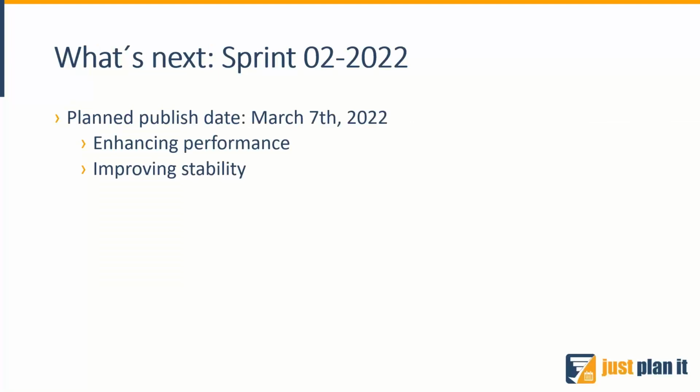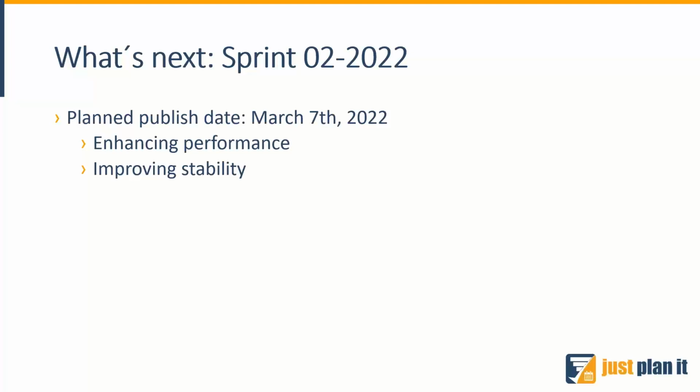Let's look into the future. So what's next? We have started our development sprint already, and we plan to publish the outcome of this release on March 7th this year. And what's in our focus?